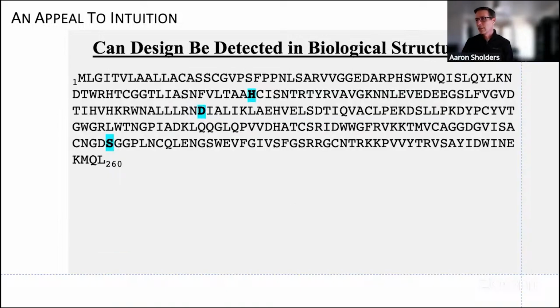Come back to this. Remember I said that this is one way out of 1 times 10 to the 338th power to arrange 260 amino acids, right? So you would never see it by chance, you would never arrive at this, okay?